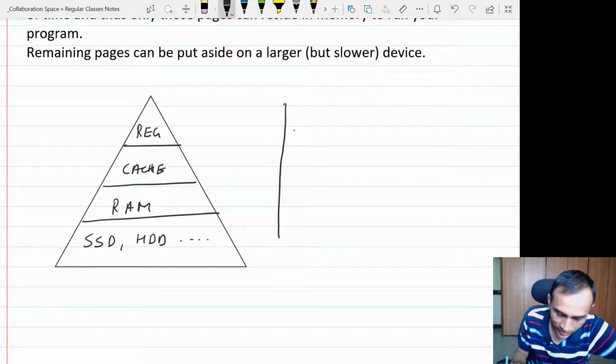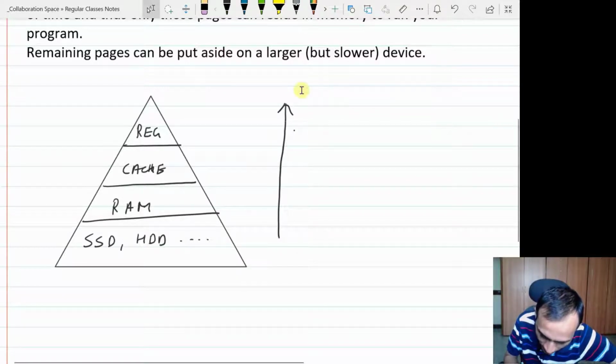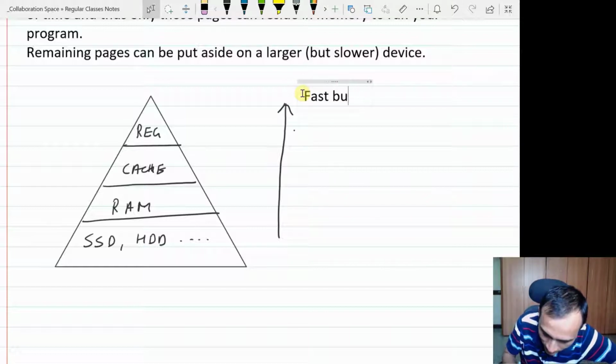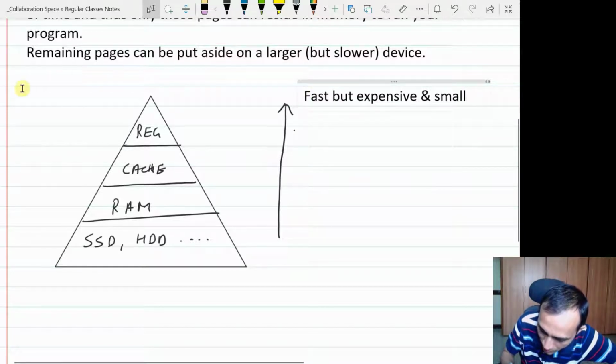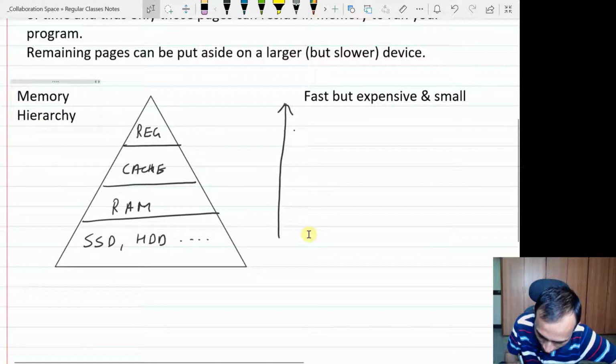As you go up this hierarchy, the devices are much faster to access, but expensive and small. The size of these storage devices is small, so you cannot store a lot of things there, and they are very expensive.